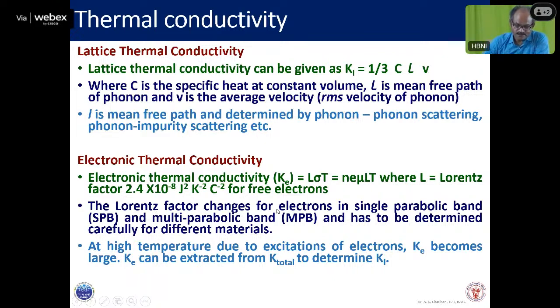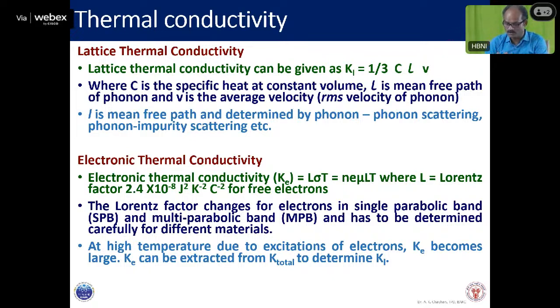The Lorentz number changes for electrons in a single parabolic band and multi-parabolic bands, and has to be determined carefully for different materials. So this value of L is different for different materials. At higher temperatures, due to excitations of electrons, the electronic contribution becomes large, and this electronic contribution can be extracted from the total.